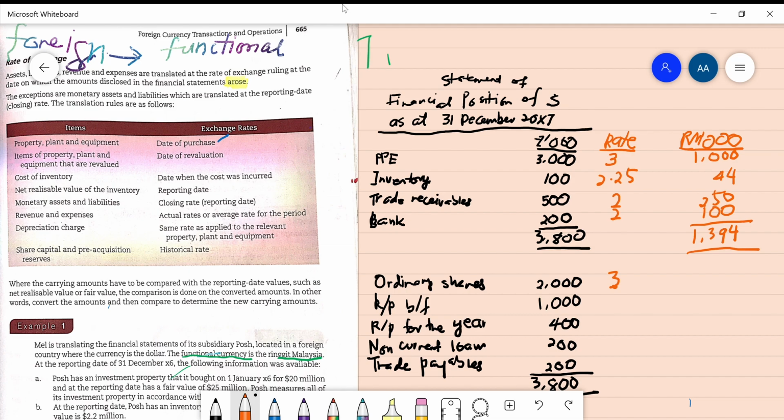So effectively the property, plant and equipment is bought on 1st January X7. When you consolidate, it means that H acquires the PPE of S, so you use the opening rate at 1st January X7. So in this case, ordinary share divided by 3 is 667.